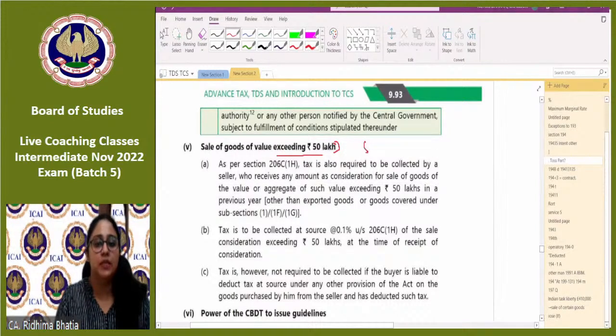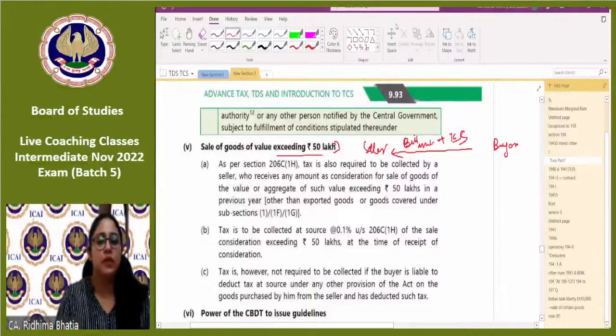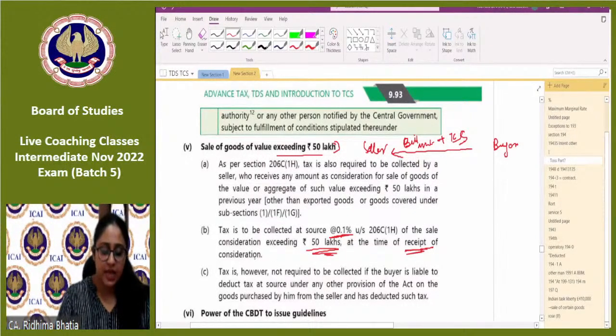First of all, they say the seller will collect TCS from the buyer. Along with the bill amount, they will collect TCS from the buyer at the rate of 0.1% on a consideration exceeding 50 lakhs, at the time of receipt of consideration.